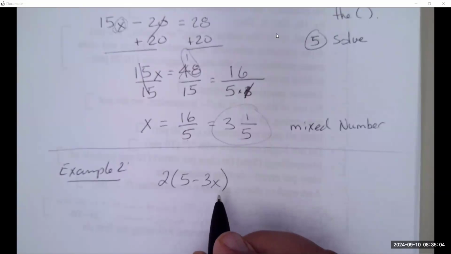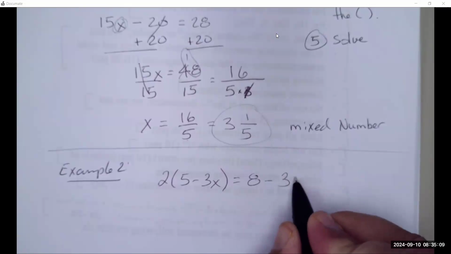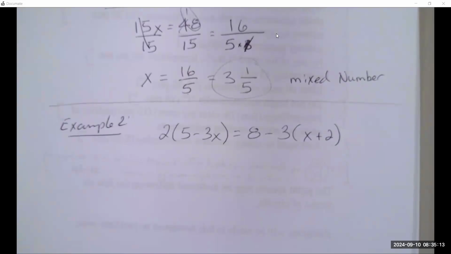Example 2. Are there any fractions? No, so we're good there.